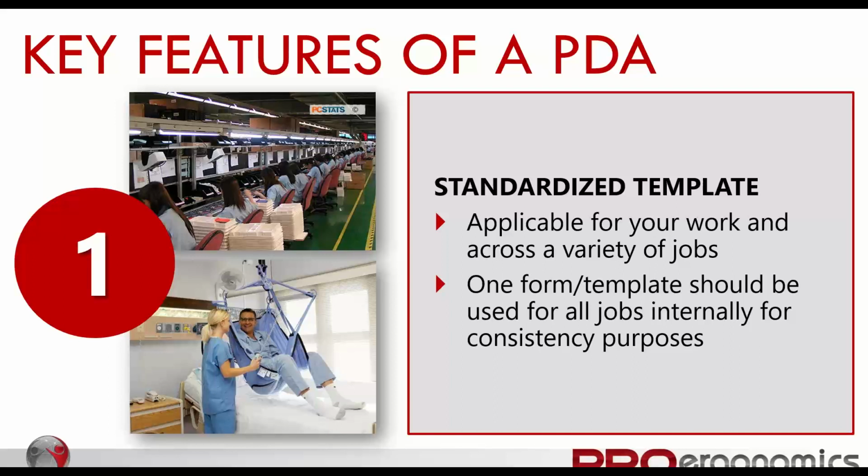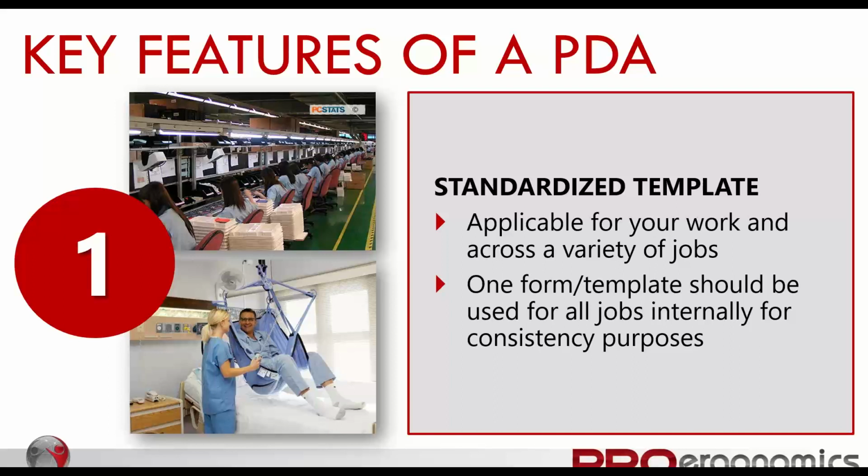But you do want to pick one form and use that consistently for all the jobs in your facility, right? That's just for simplicity, and consistency. So making sure you pick a template and stick with it, but making sure that template really does work for the jobs that you have, and that each of the fields, and I say fields like each of the elements within there, that they're specific.